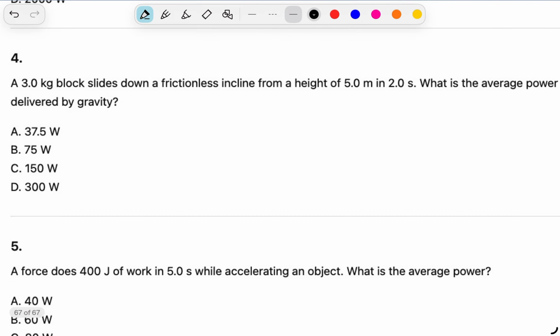A 3 kilogram block slides down a frictionless incline from a height of 5 meters in 2 seconds. What is the average power delivered by the gravity? So work is equal to mgh here. So you're just going to plug in 3.0.